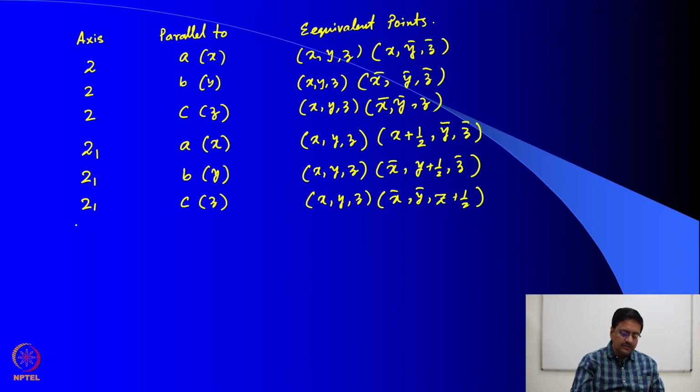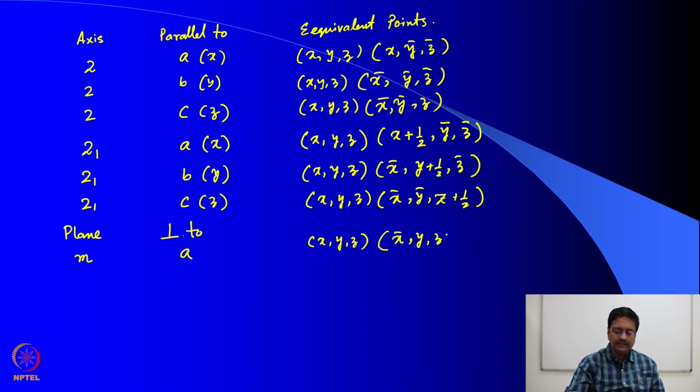Similarly, when we talk about different planes, and that plane has to be perpendicular to some axis or some direction, what will be the corresponding equivalent points? Suppose it is a mirror plane perpendicular to A, it will make the points x, y, z get converted to x bar, y, z, because the mirror is perpendicular to the direction of A, or perpendicular to the x-axis.